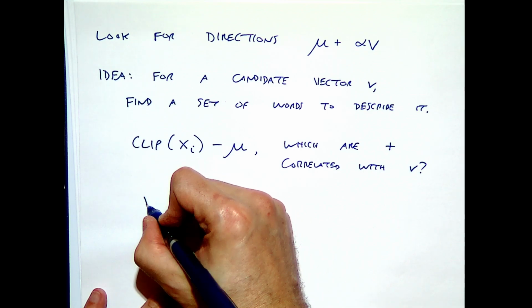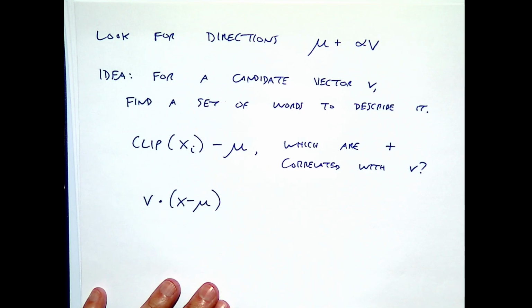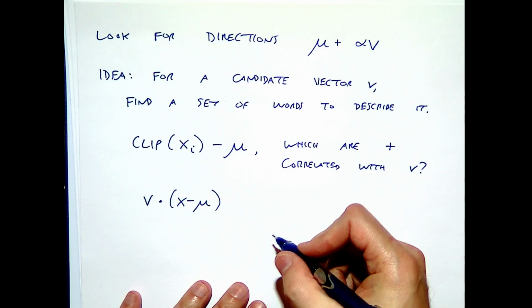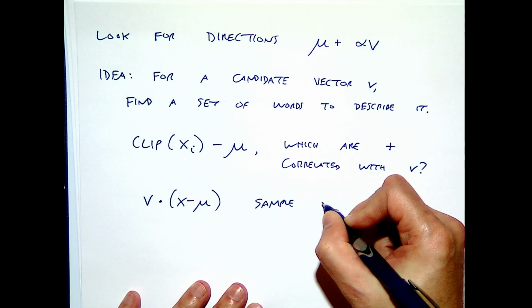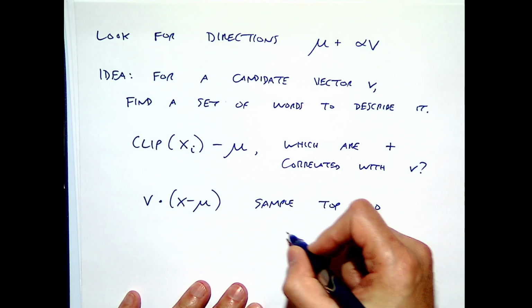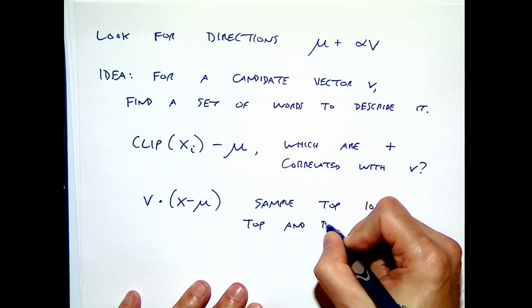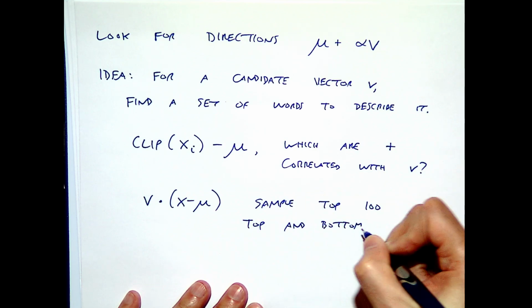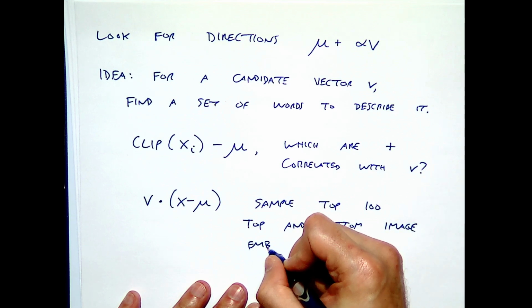I can look at the dot product between v and this difference, and look at the stuff that is most correlated and least correlated, right? So basically, I sample the top 100, top and bottom image embeddings. This is like positive and negative examples, basically.